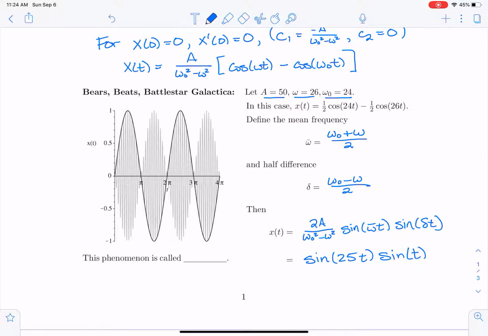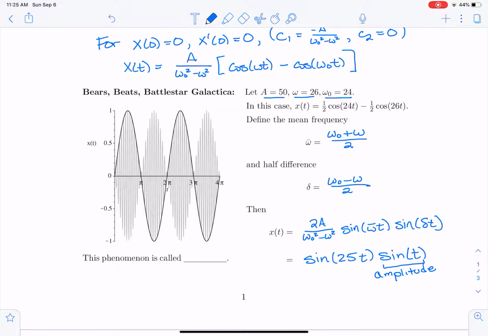In fact, we can think of sine t as being like the amplitude of the faster oscillation. So the faster oscillation is occurring, but its amplitude is changing over time.